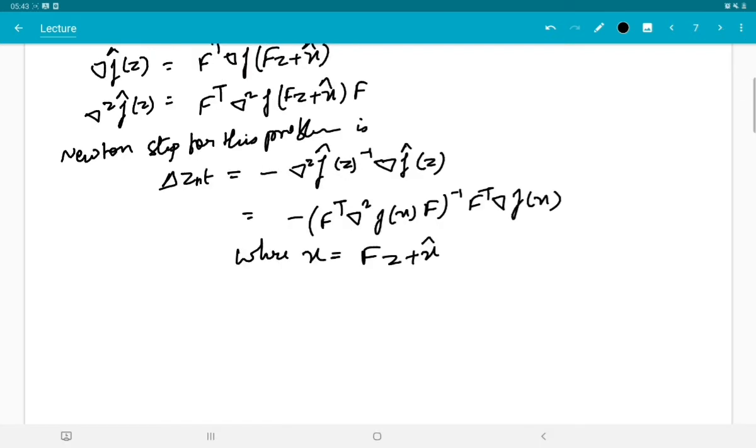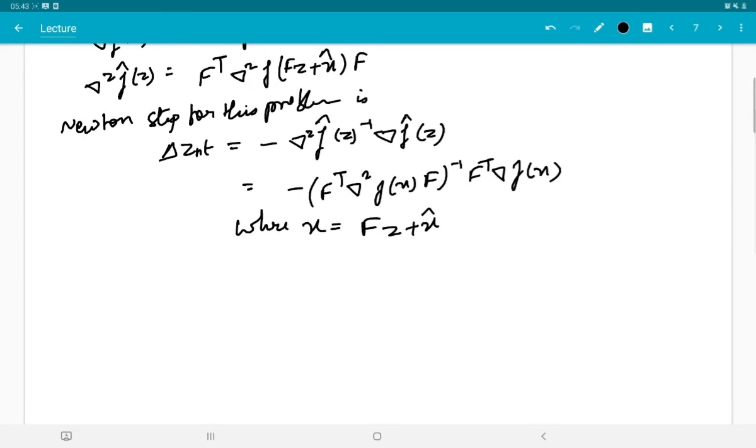Now, is delta z_nt giving the same search direction as delta x_nt? To see this fact, that is, delta x_nt is the same as F delta z_nt, what we have to do is just plug this into the KKT conditions and verify that it is true.